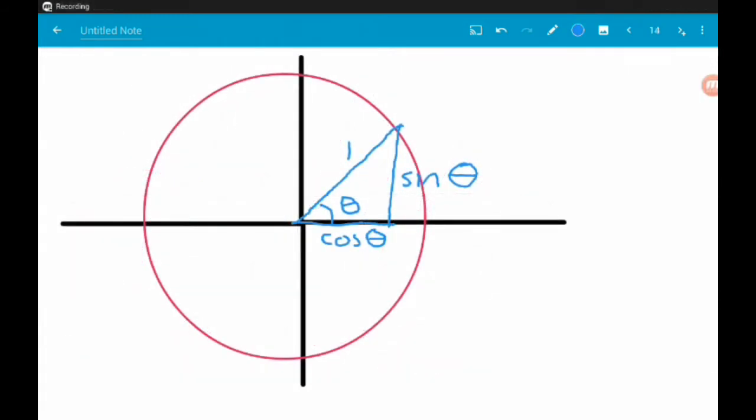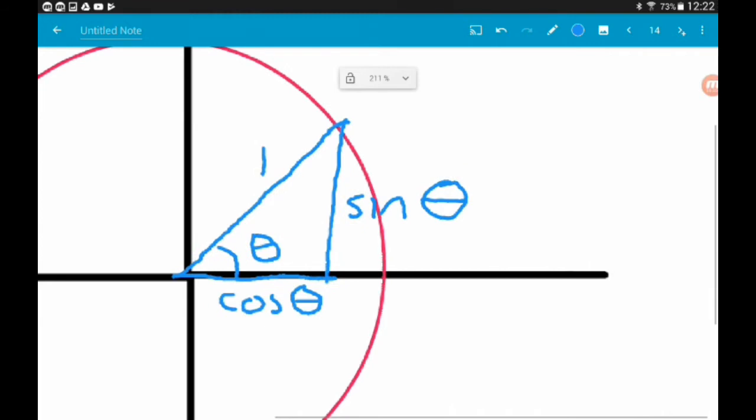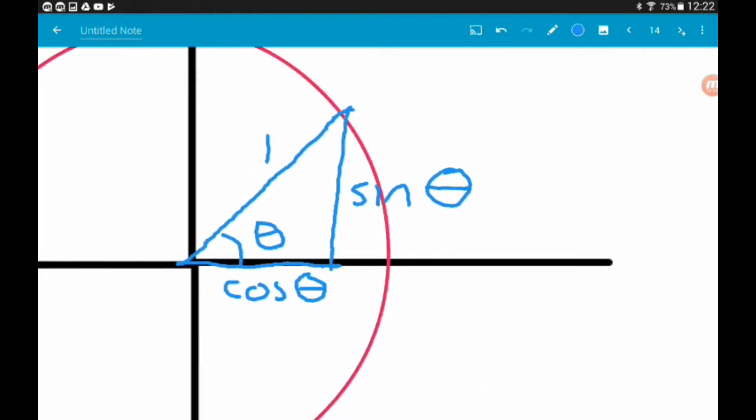Okay, so we now know that sine of theta is giving us the height of a point on the circumference of a unit circle, and cos of theta is giving us the length or the x-coordinate of that point away from the origin. So we can now write our circle like this. Again, we've got the radius of 1, we've got our angle theta measured anti-clockwise up from the horizontal.